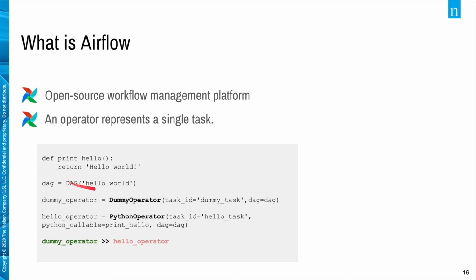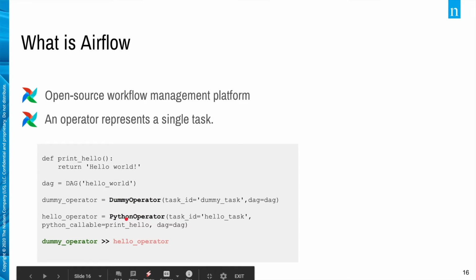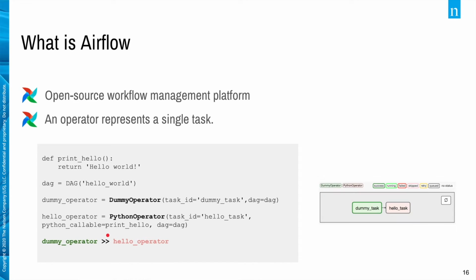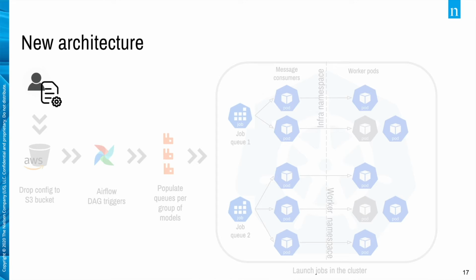Our DAG is called Hello World, and a DAG is a directed acyclic graph, or simply put, a pipeline with steps. And here we have two operators, a dummy operator and a Python operator that prints Hello World, and the connection between them. First dummy operator, second Hello World operator. And this is how it looks in the UI. Quite simple.